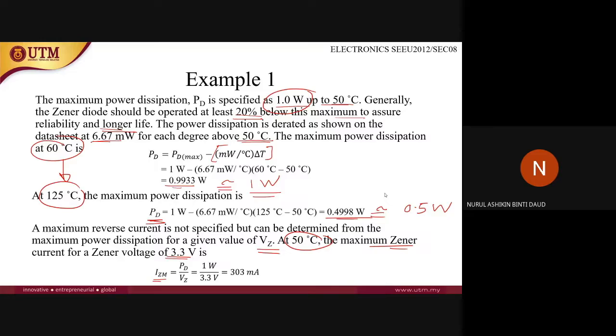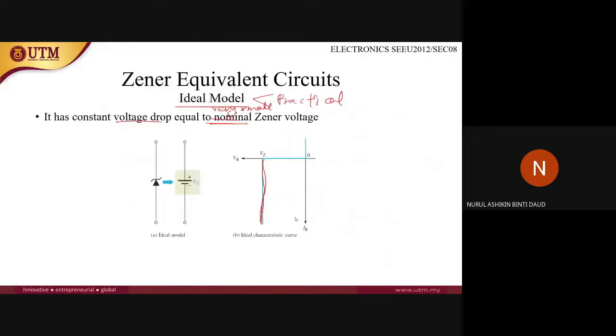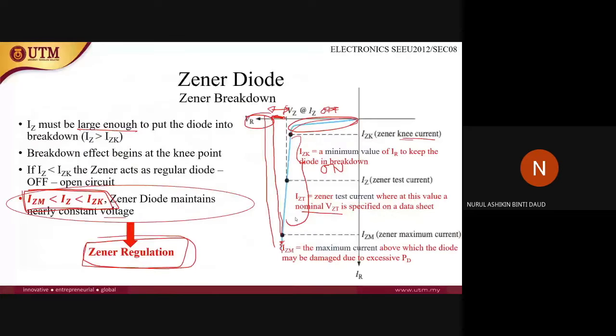Control the voltage, as if the voltage is too high, it reduces the voltage. For example, just now, how does the Zener diode control the voltage? You can see here.